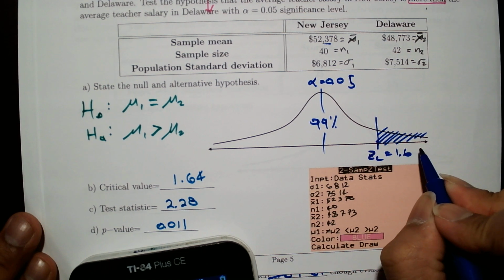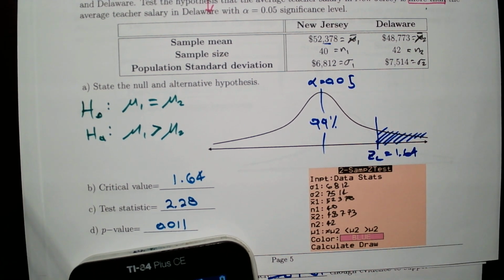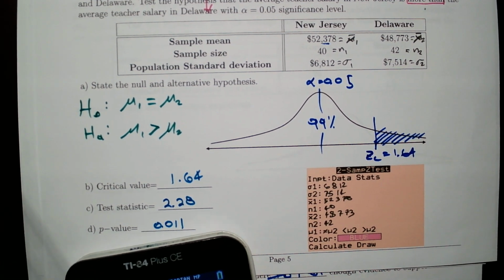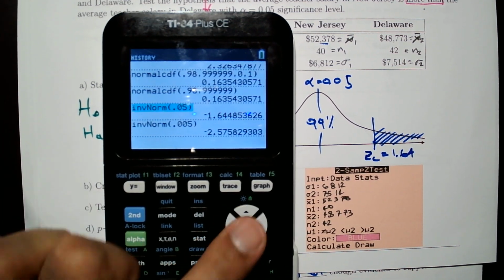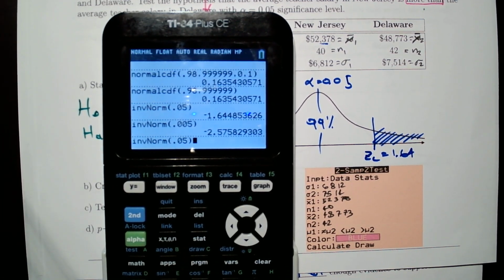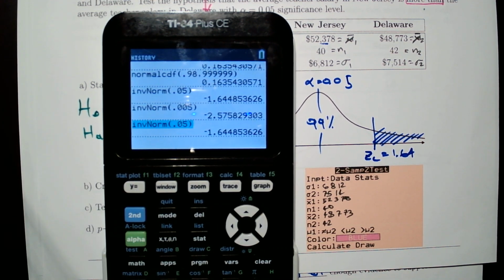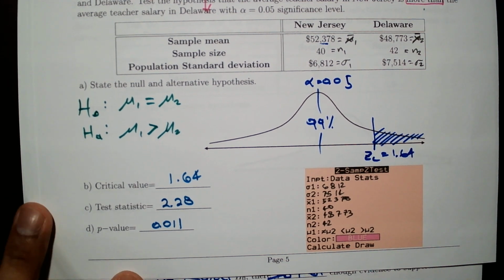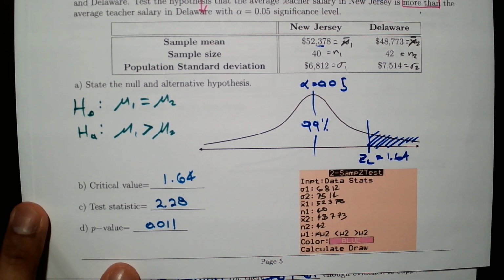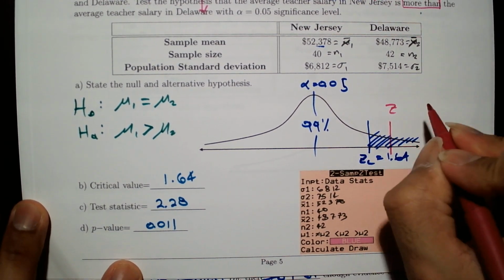Well, it's pretty much this one, right? But the positive version of it. Or else you can do 0.95, 1.64. All right. So in this case, 2.28 will fall in the rejection region.